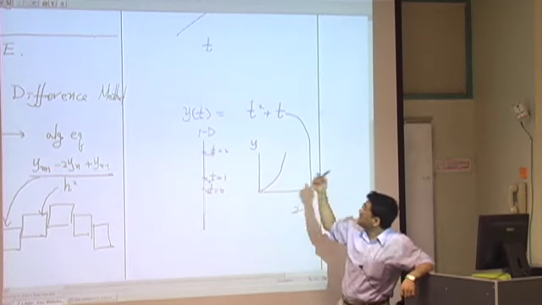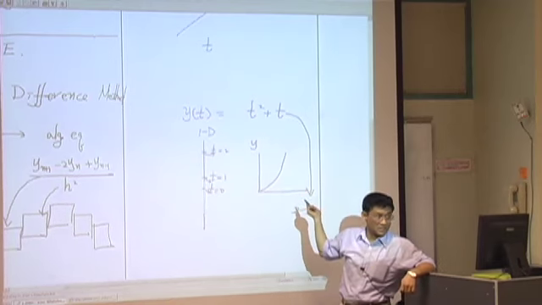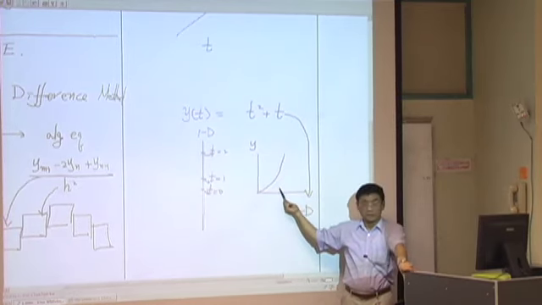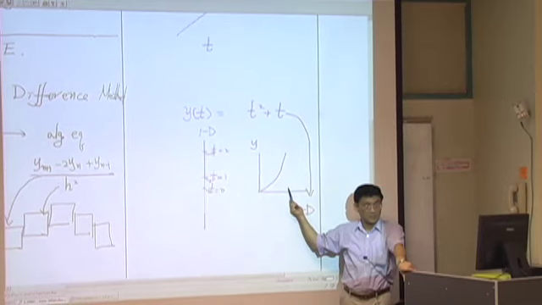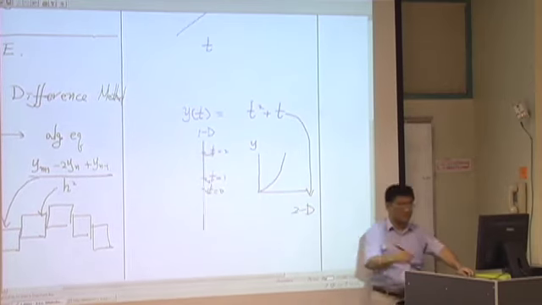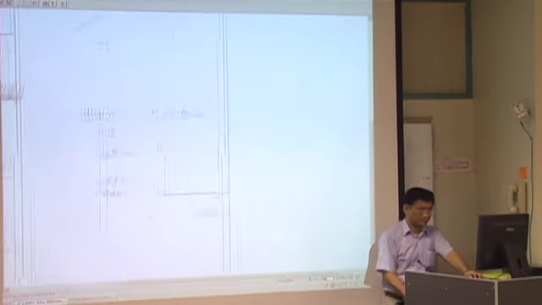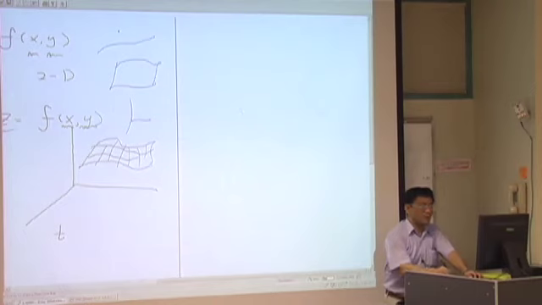I assume that you completely understand this concept, but if you have difficulties in dimensions, you can ask me. Any questions or difficulties in dimensions? There are many, many situations. For instance, input could be just one dimension, and output could be 3 dimensions.